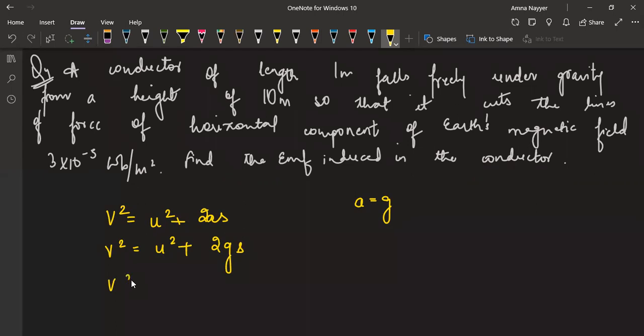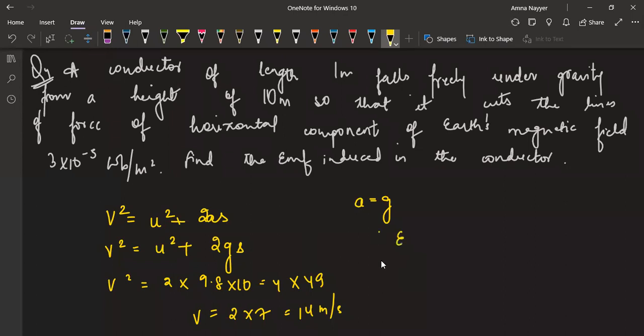So what is the value of velocity? U square is 0. So V square will be 2 into 9.8 into 10, which becomes 4 into 49. So V will become 2 into 7. If you take the square root, that is 14 meter per second.